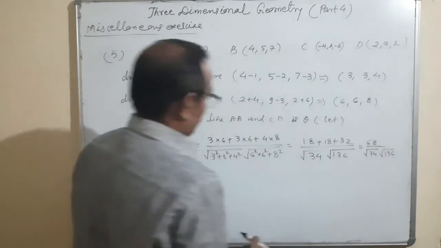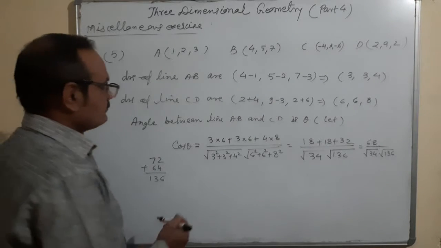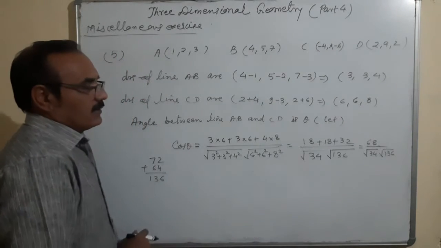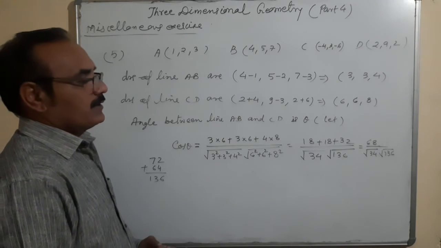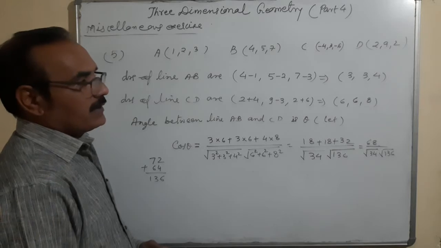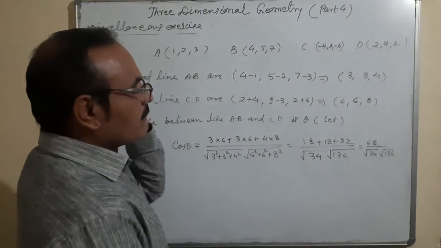And what is the value coming here? Cos theta is equal to... if the result is 1, that means cos of what? Cos 0. So definitely 1 will be coming here.